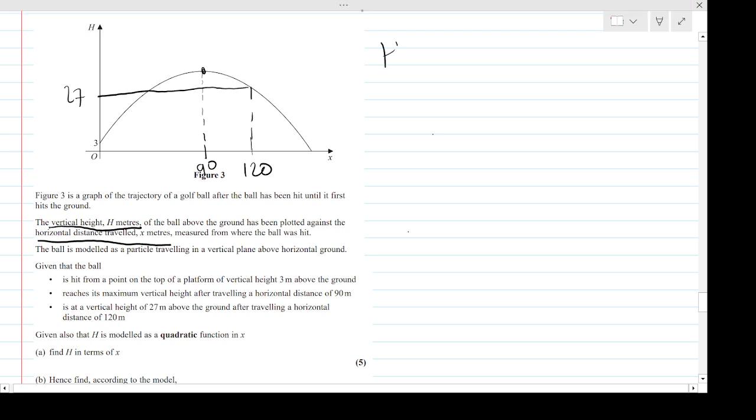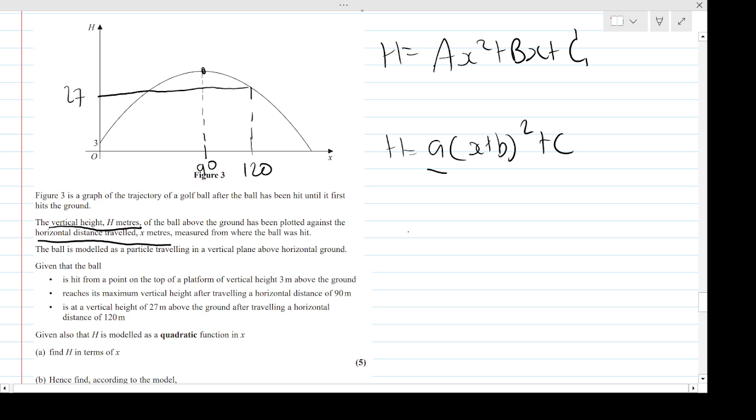So again, it could either be h is simply ax squared plus bx plus c, but it's again talking about maximum height. That's going to hint we need to complete the square. So instead of doing this, we can even write it in complete square form, a of x plus b all squared plus c. Essentially, the problem then is to find these missing values a, b, and c.